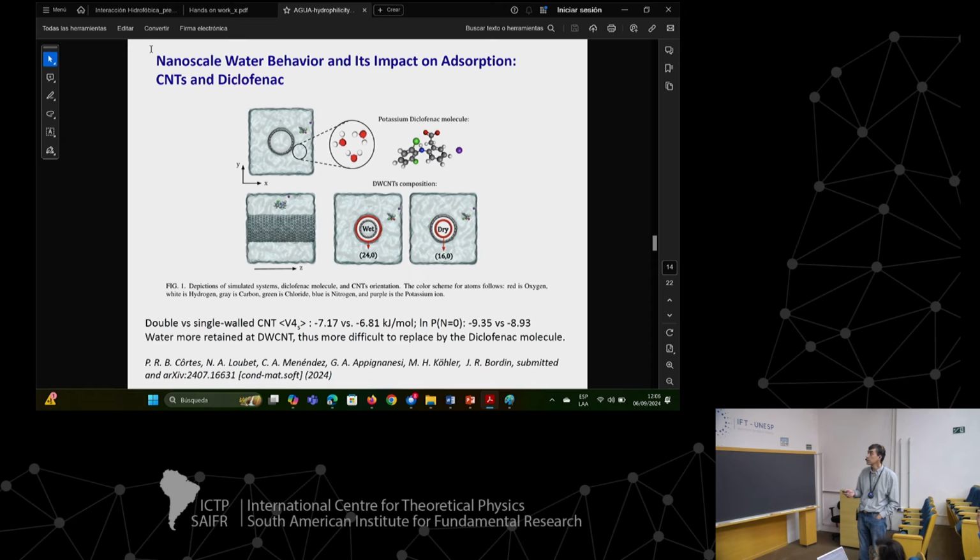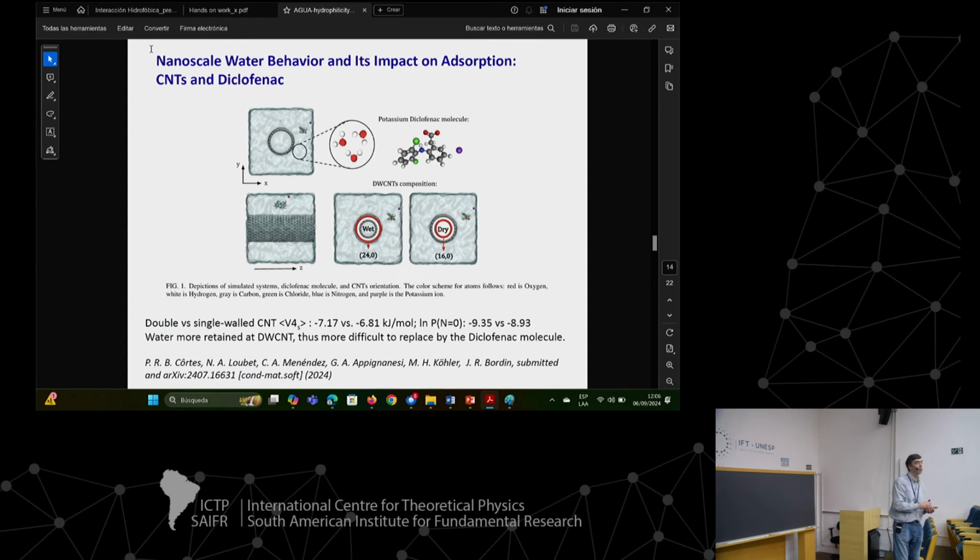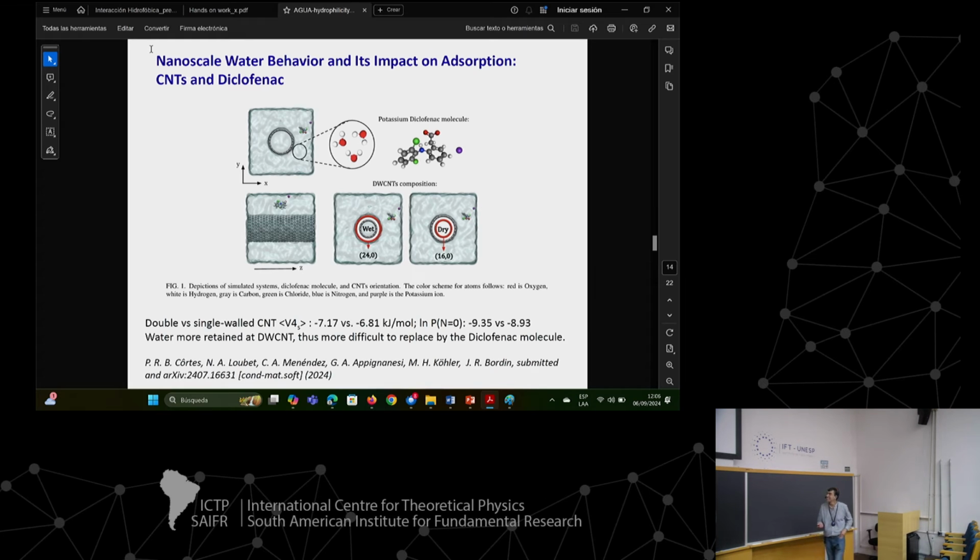And it seems that in the case of the double-walled system, water molecules are more attached to the surface, so the barrier for their removal would be a bit larger. They found that the diclofenac molecule bounced very many times before being able to bind. And when it was bound, it began to dance.